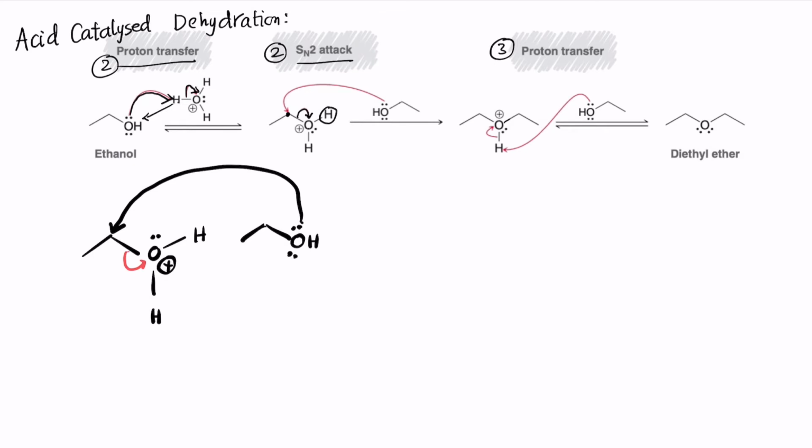So the basic structure looks somewhat like this. Now this oxygen here also has two electrons with a hydrogen. Notice that this is what we call the transition state.